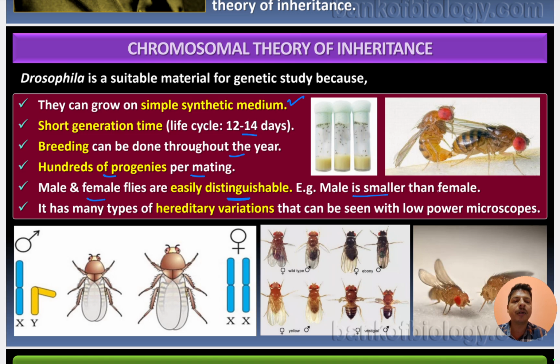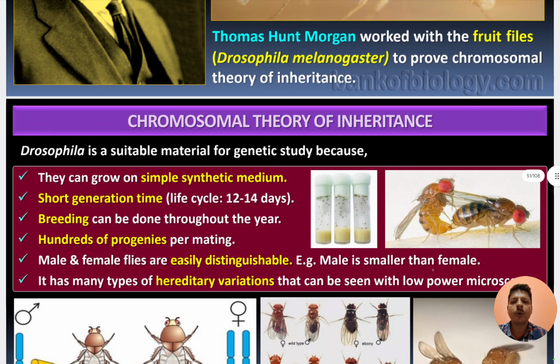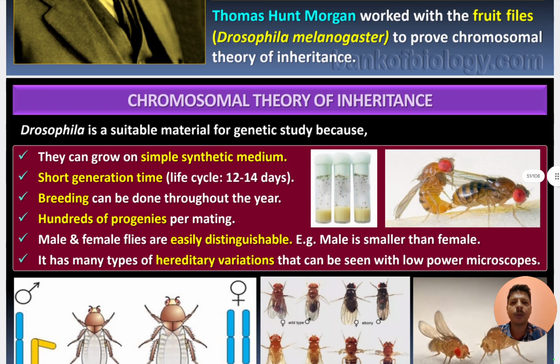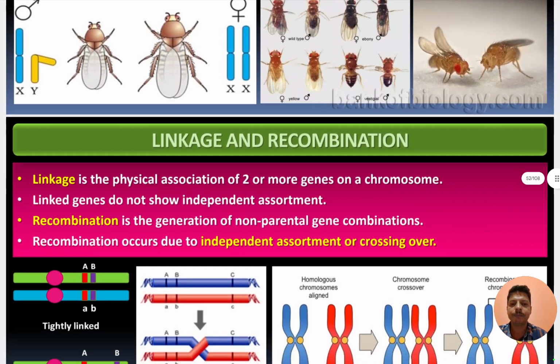For example, the male is smaller than the female, like this. It has many types of hereditary variations that can be seen with a low power microscope. Here are the varieties: wild type, ebony, yellow, vestigial. That's why Morgan chose Drosophila to prove the chromosomal theory of inheritance.